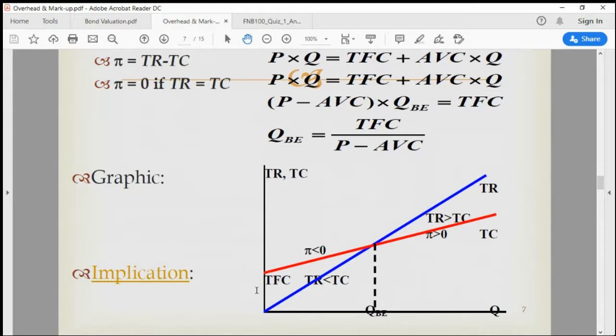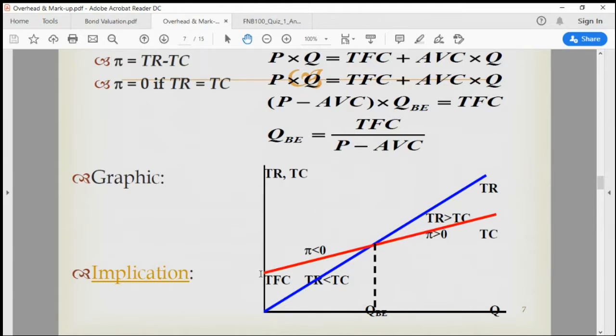It would be like tens of millions or hundreds of millions of dollars, right? So even before you start producing any unit, you're already stuck with the initial investment, right? That's total fixed cost.